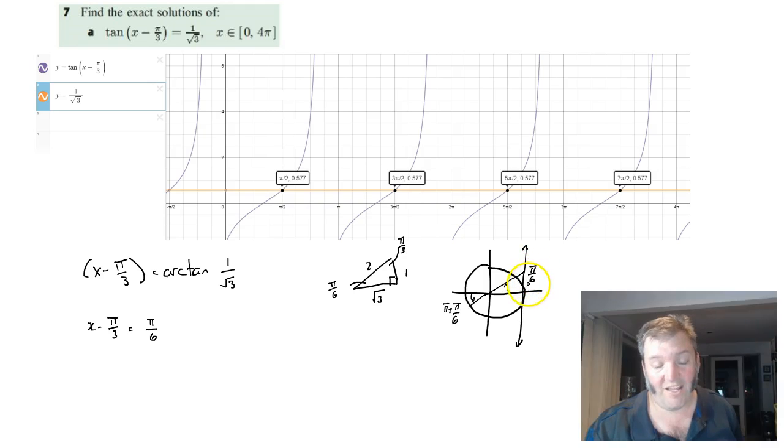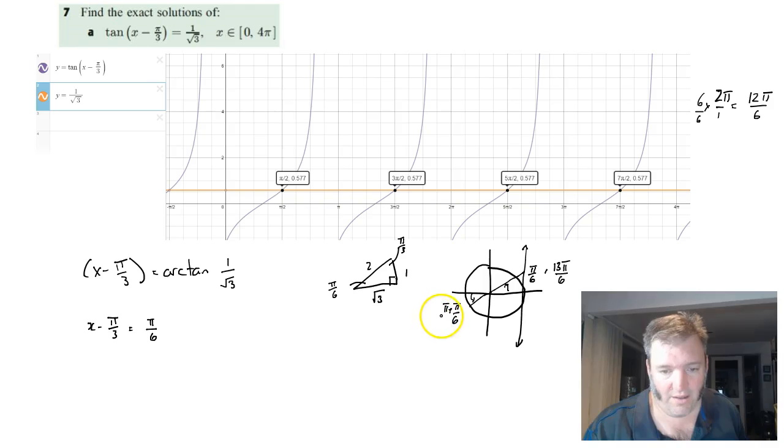If I add 2 pi, so I get pi on 6 plus 2 pi. 2 pi is the same as 12 pi divided by 6. You can see how I multiply the top and bottom. So 2 pi over 1 multiplied by 6 over 6, and I get 12 pi over 6. So pi on 6 plus 12 pi on 6 is 13 pi over 6.